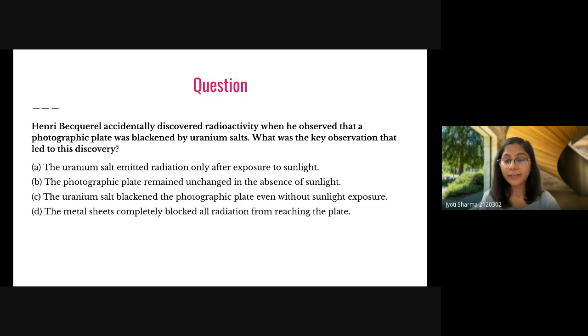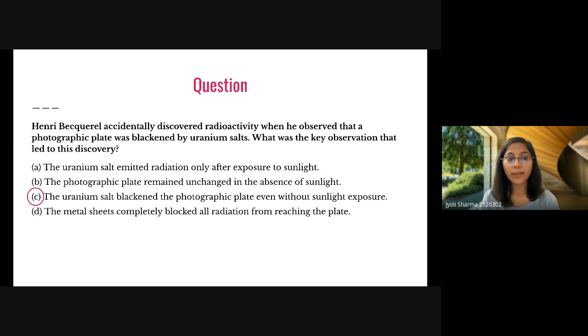It was a kind of experiment that Henri was doing, and it was very accidental that the result of that experiment led to radioactivity. So, can you tell me which would be the right answer? Okay, let me tell you the right answer. This is C, that is, the uranium salt blackened the photographic plate even without sunlight exposure. So what was that experiment?